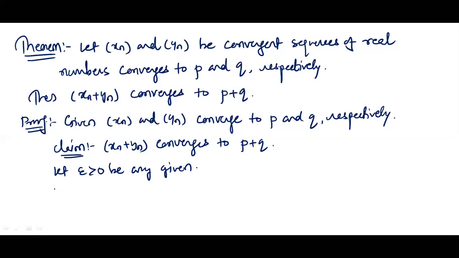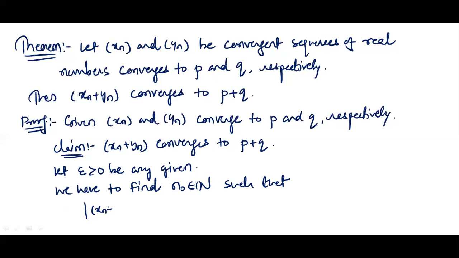To prove this, we have to find a natural number n naught such that mod of xn plus yn minus P plus Q is less than epsilon for all n greater or equal n naught.